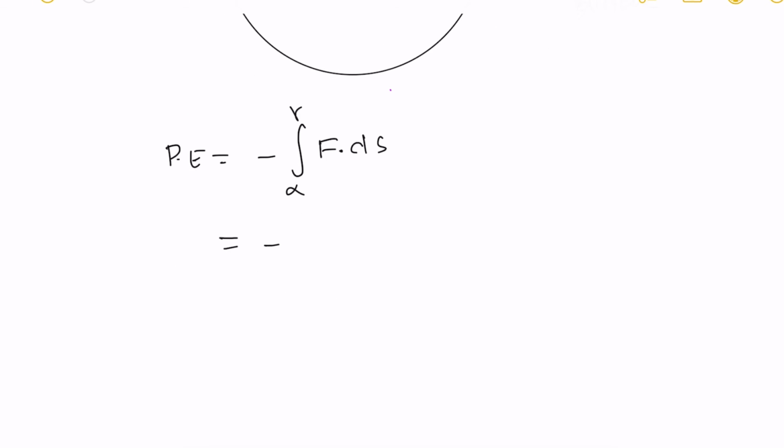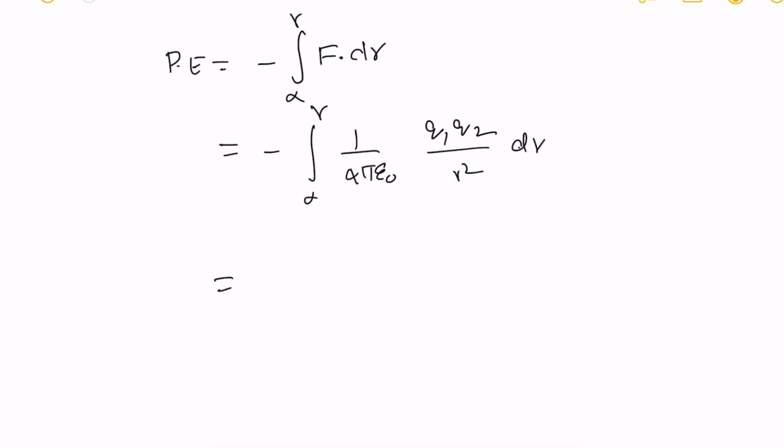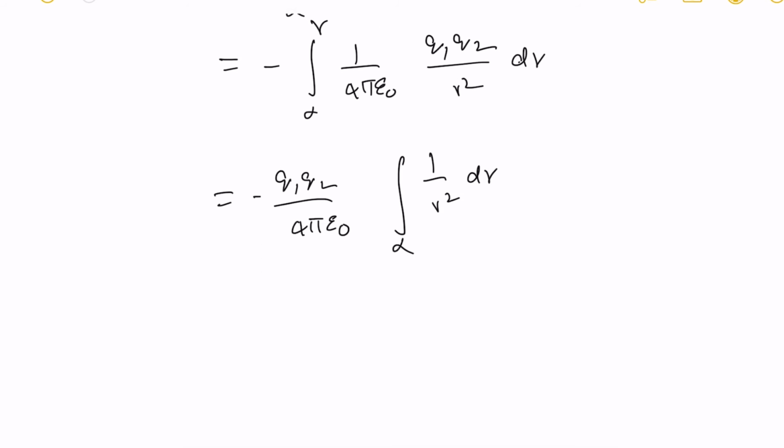So what is the force formula? We know that it is 1 by 4 pi epsilon naught q1 q2 by r square. ds is nothing but dr. 1 by 4 pi epsilon naught q1 q2 are constant terms, so bring them before the integration, then we get 1 by r square dr from infinity to r, with minus q1 q2 by 4 pi epsilon naught.